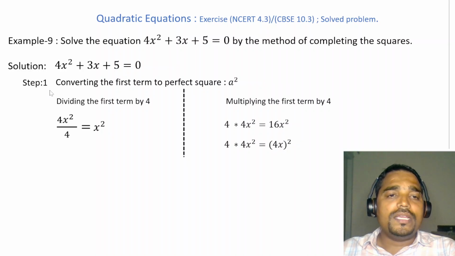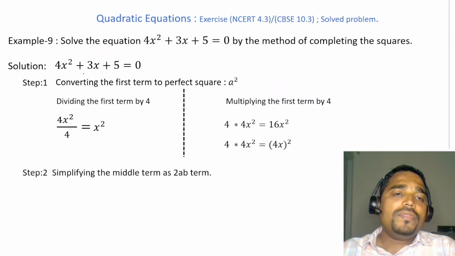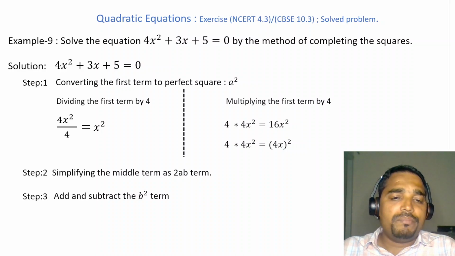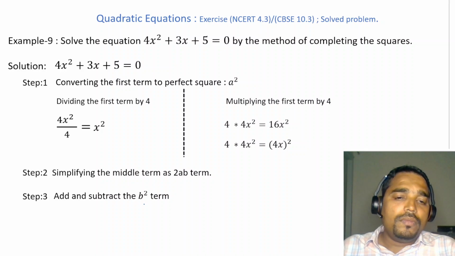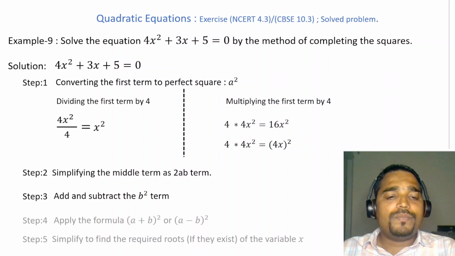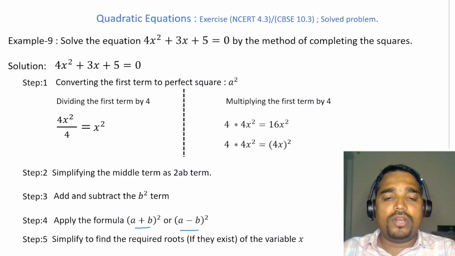Step number 2 is to express the middle term as a 2ab term. The third step is to add and subtract b square. The fourth step is to apply the a plus b whole square or a minus b whole square formula. Whether the a plus b whole square formula or the a minus b whole square formula is to be applied depends on the sign of the 2ab term.